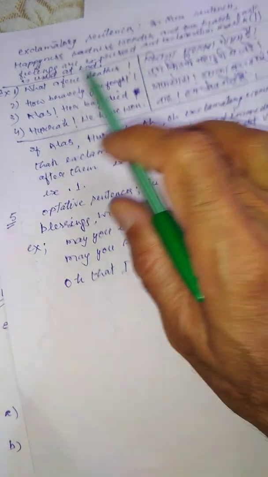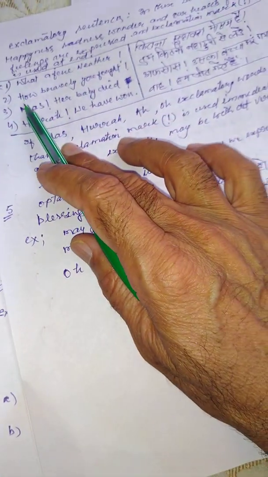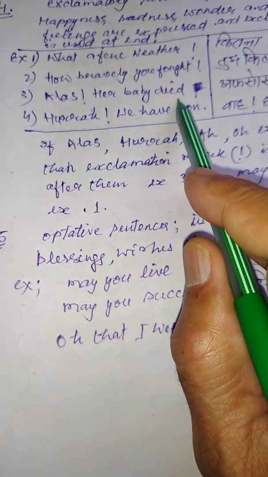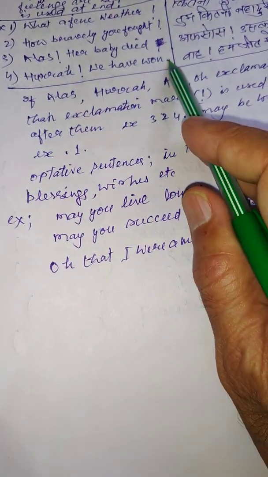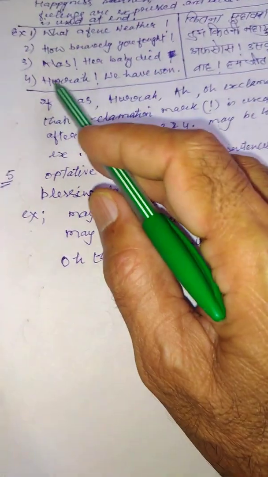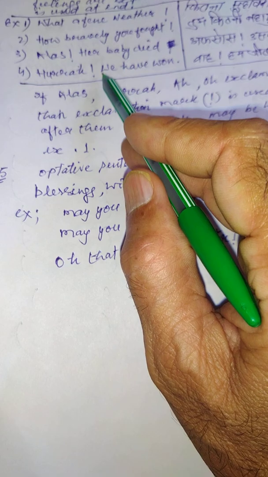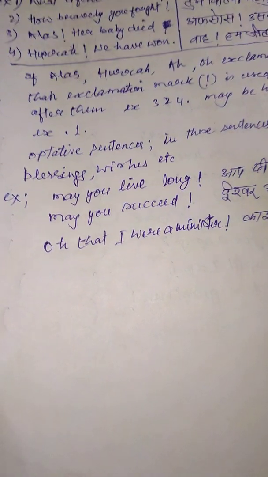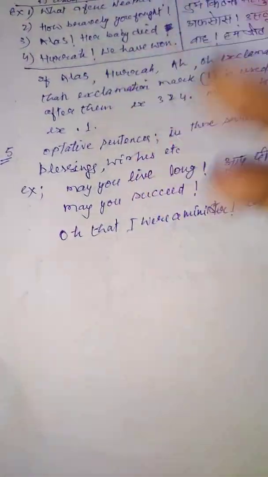In examples we have read: what a fine weather, how bravely you fought, alas, her baby died, hurrah, we have won. Or else you could say, oh, what a nice weather, ah, I am hurt. Also you could make.